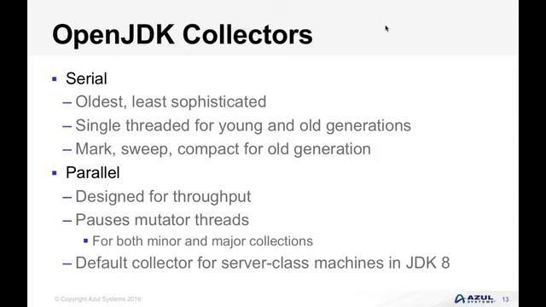To maximize throughput, the parallel collector was introduced. And the idea there is, again, as the name would suggest, that you use multiple threads to do the work of the garbage collector. Again, this does compaction in the old generation, so you do get pauses for the application threads, but it's designed where what you're looking for is to get the biggest percentage of time to run your application threads versus garbage collector.